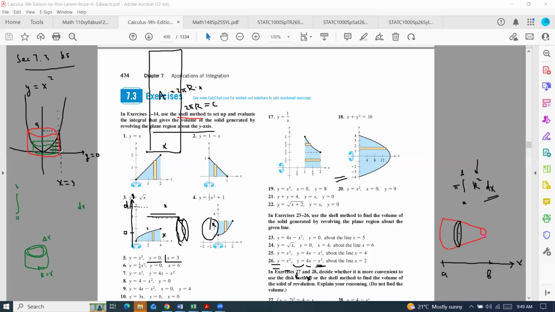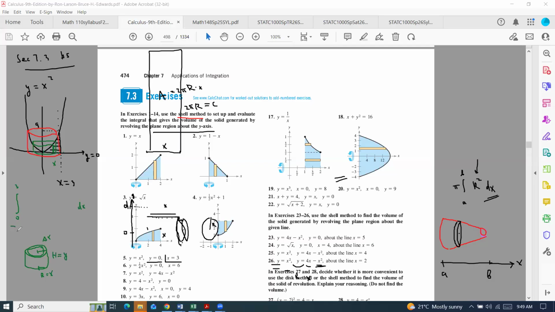So whatever the x coordinate is going to be the radius r for that cylinder. That's good to think about. So radius is r. And there is a height. And notice the height is the y coordinate.